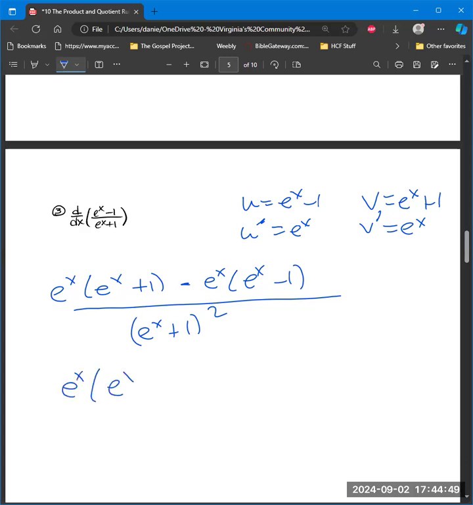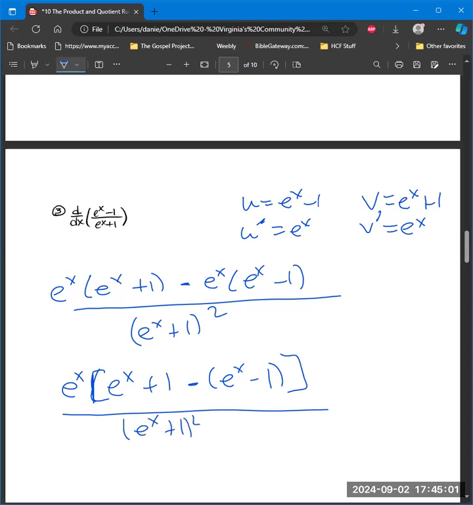Now I'm going to make that e to the x times e to the x plus 1 minus e to the x minus 1, all over e to the x plus 1 quantity squared.